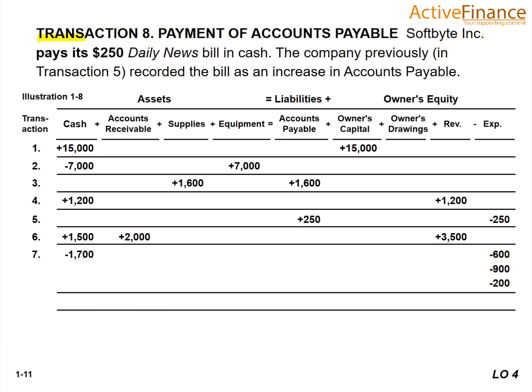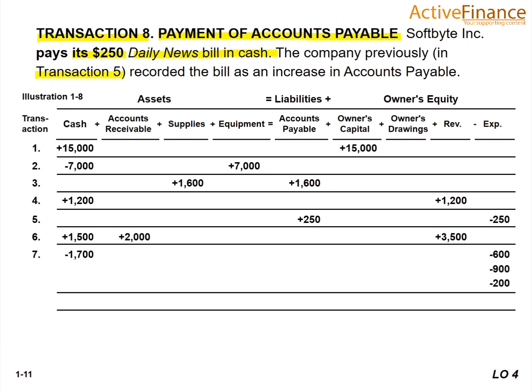Now 8th transaction, payment for the accounts payable. We are paying the liabilities. SoftBite pays its $250 Daily News bill in cash. We have paid the liabilities which we incurred in advertising the company previously in transaction 5.